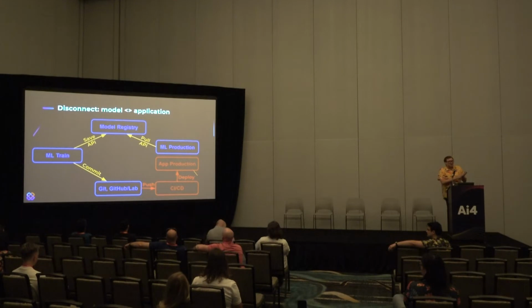The next set of problems with the usual, not Git-based, model registry is a disconnect between your ML team, responsible for deploying the ML models, and the application team or software team.